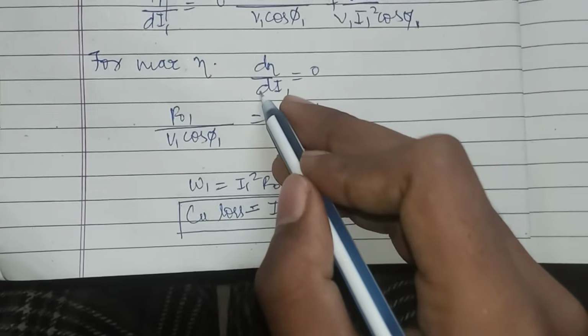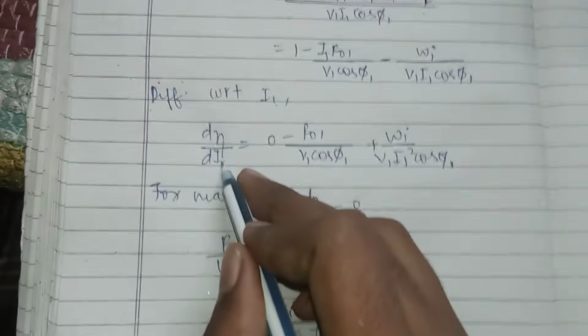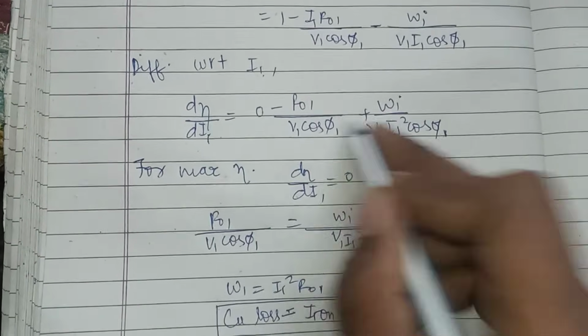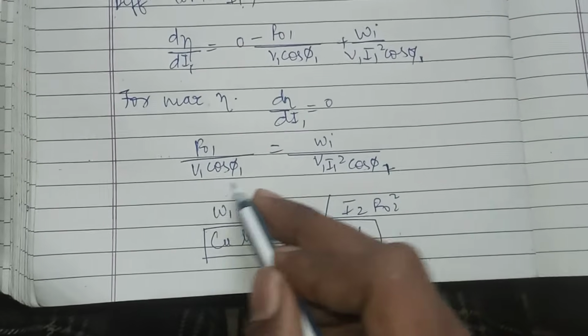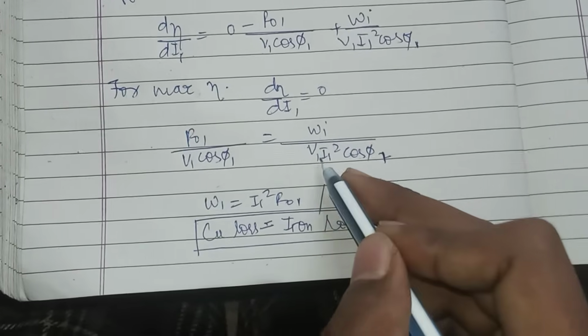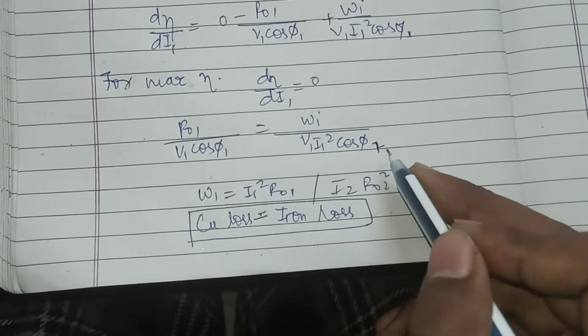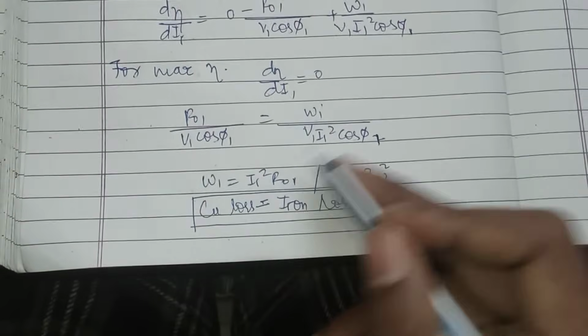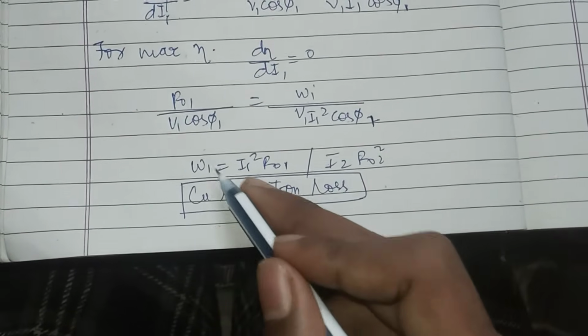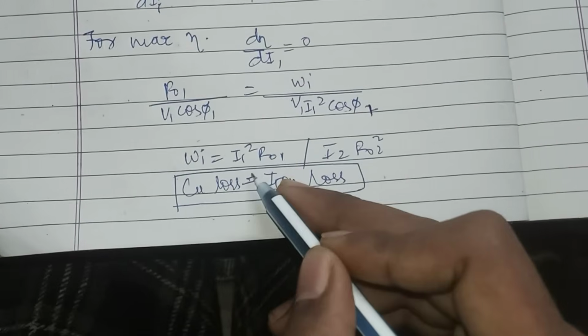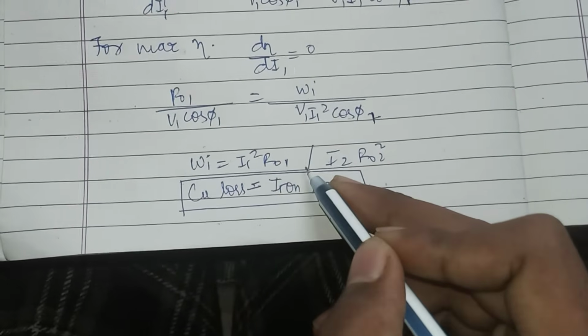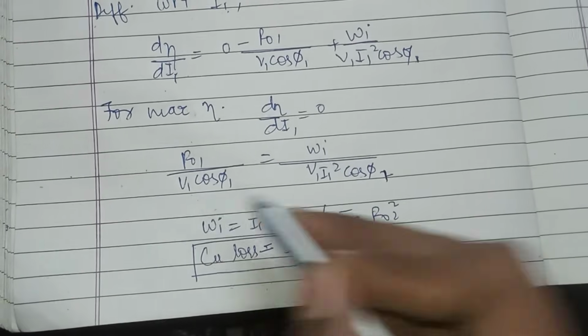After substituting this as 0, we'll get the relation RO1 by V1 cos phi 1 is equal to WI upon V1 I1 square cos phi 1. After simplifying, we'll get WI, the iron loss, is equal to I1 square RO1, or I2 square RO2. So here we have seen that copper loss is equal to iron loss.